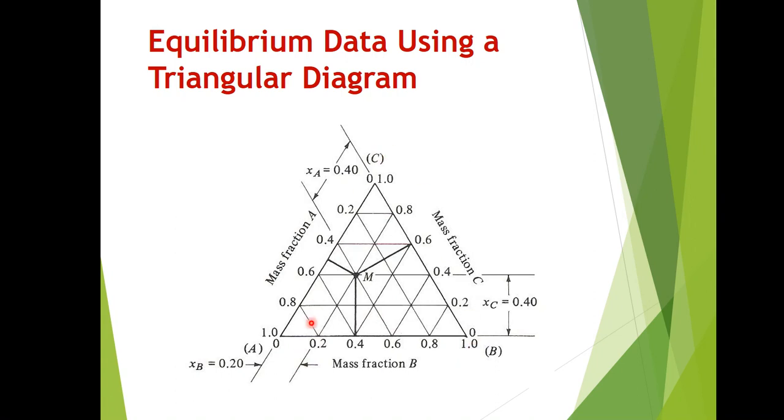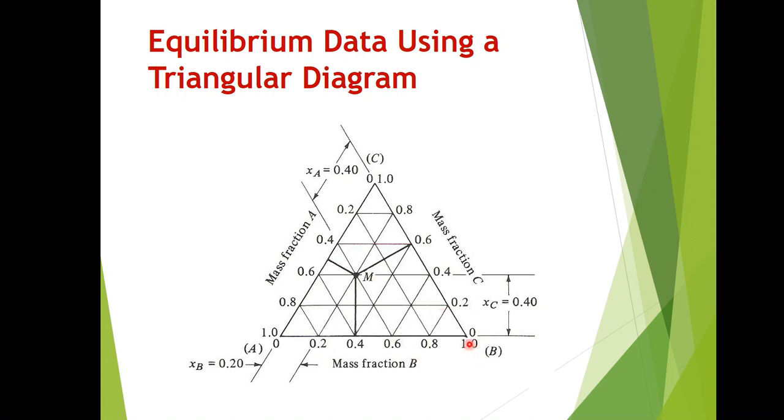And the way you read it is parallel to the mass fraction of A, the left side of your triangle. So you read in this manner. So it's 0.2 for B if it's in here. If your M is here, that would be 0.4, 0.6, 0.8, and 1.0 for B.